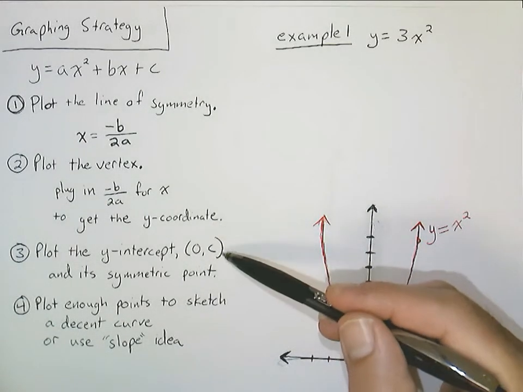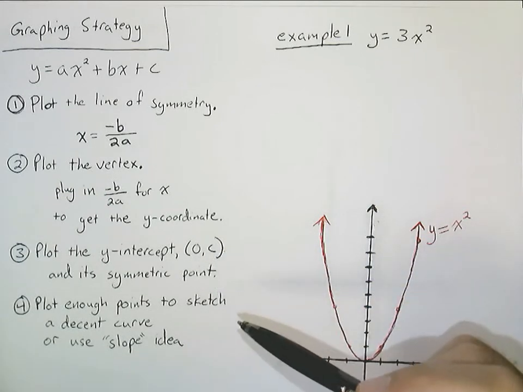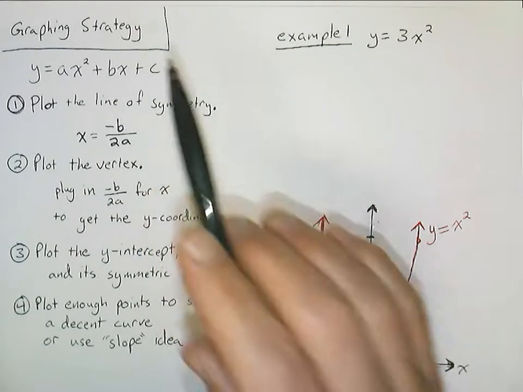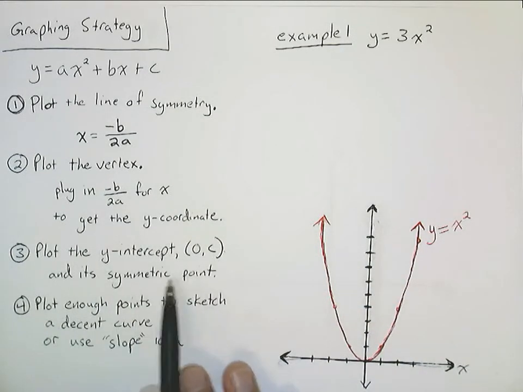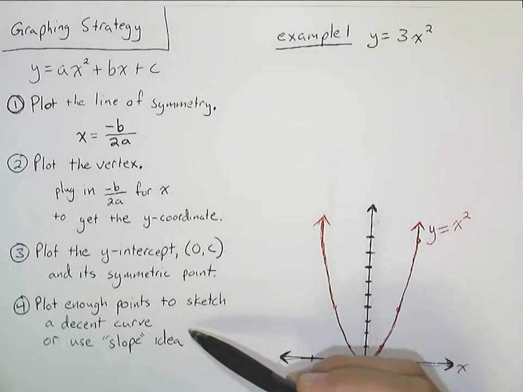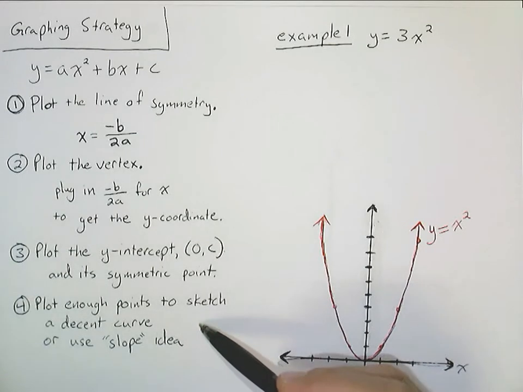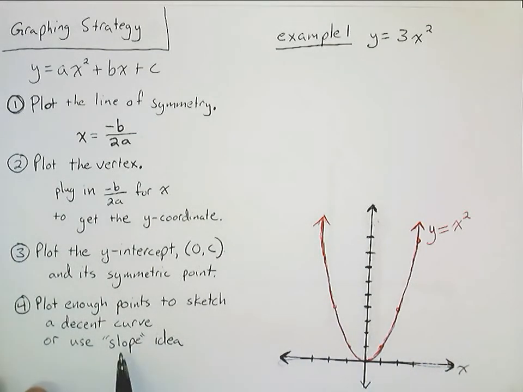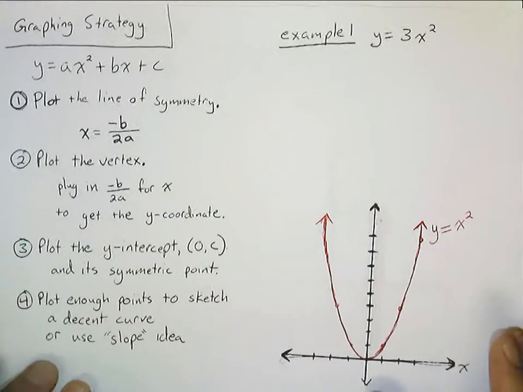Once we plot the vertex, then we plot the y-intercept, which is just given by the coordinates 0, c, because c is, of course, the y-intercept here. But using symmetry, we also will get its buddy point on the other side of the line of symmetry. And we'll go through an example showing that. And then what we need to do is just get enough points that we can sketch a decent curve. Or there's an idea about slope using this number a that we'll talk about here in just a second.